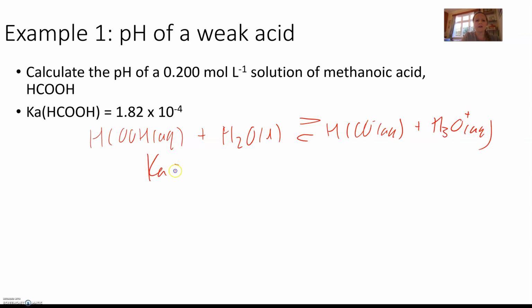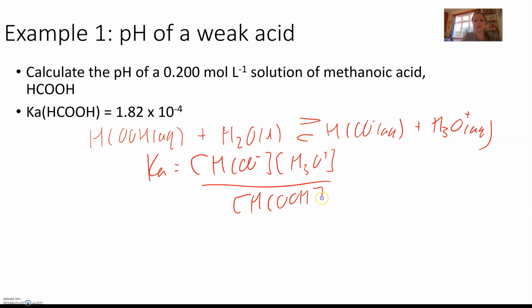So Ka equals HCOO- times H3O+ divided by the acid. Remember, we're excluding water. From here we rearrange, and we know that the H3O+ and the HCOO- are in a 1-to-1 ratio, so we can minimize our unknowns by making that H3O+ squared divided by HCOOH.